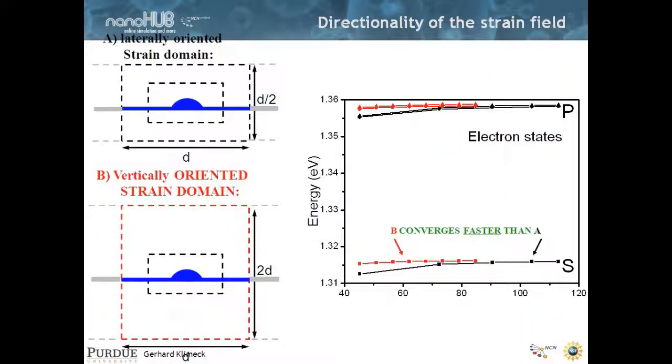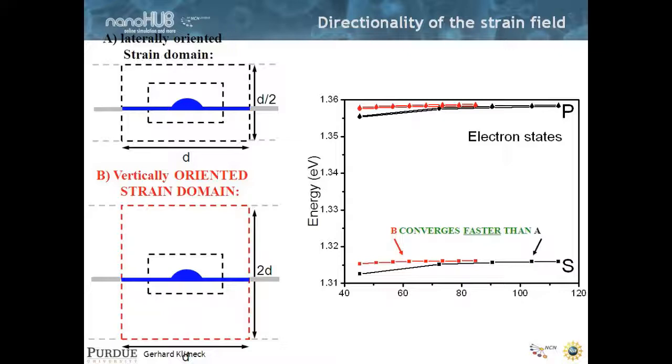Now let's do a different analysis where we make the vertical expansion larger than the lateral expansion. What we find is that these states are converging at much smaller distances.